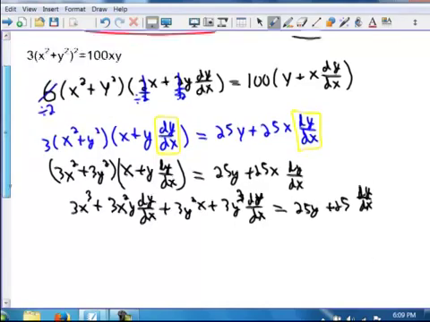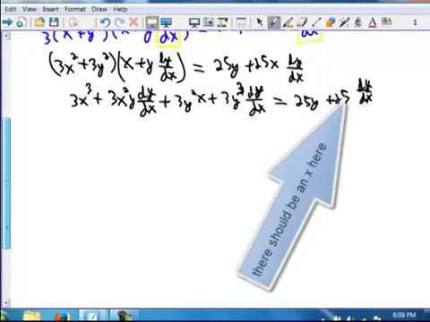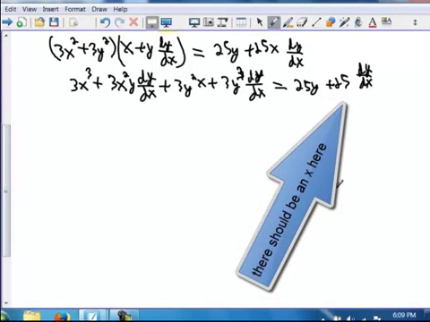And again, we could shorthand that by just putting it as y prime. So now I'm here, and actually, if it's okay, I'm going to go here.